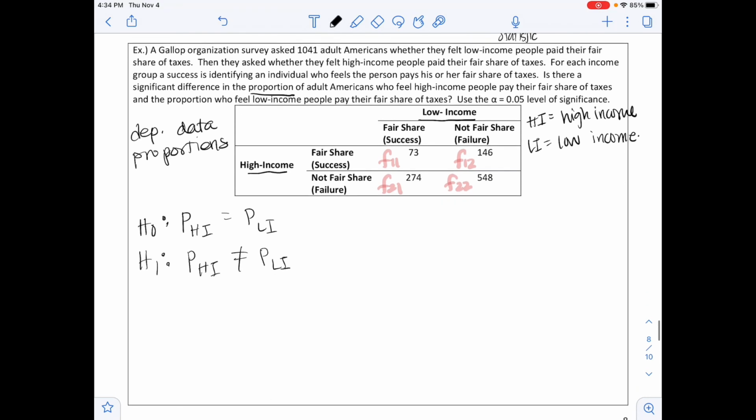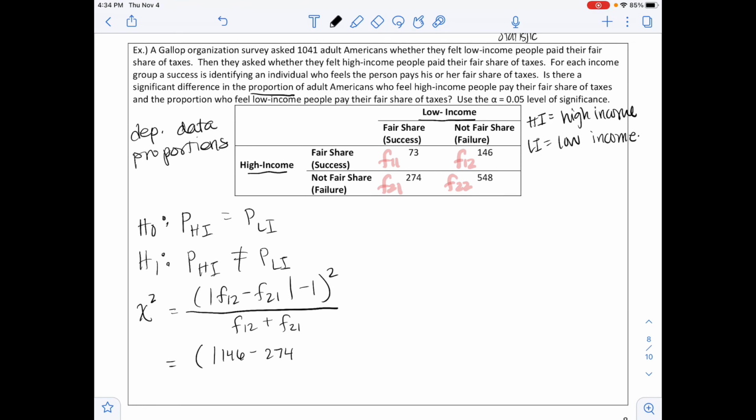The next thing that we need to calculate is our test statistic, chi-squared, which the formula is given up above, which is the absolute value of F12 minus F21, minus 1, and then squaring that, all over the sum of F12 plus F21. So I'm going to go ahead and substitute in these values here. We know that F12 is 146 and F21 is 274.